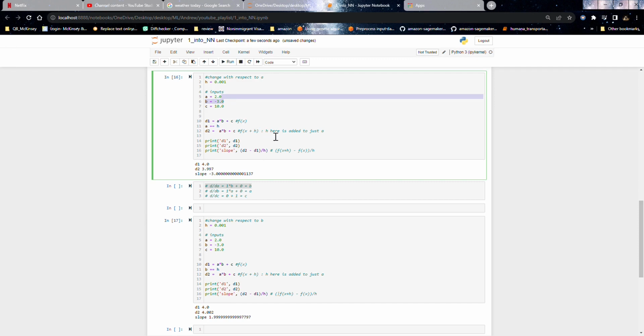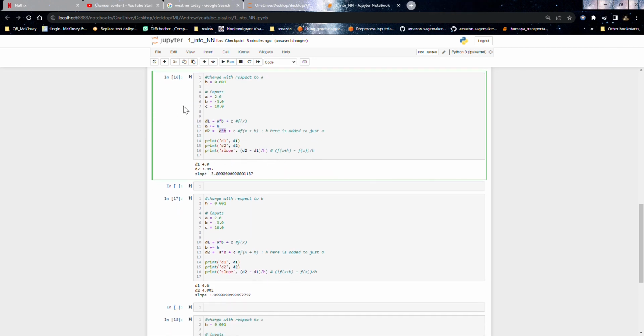It applies the same when we differentiate the equation D with respect to B. The slope will be A, and for dD by dC, the slope will be a constant 1.